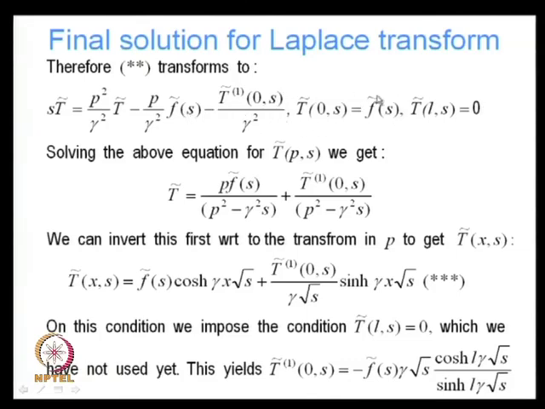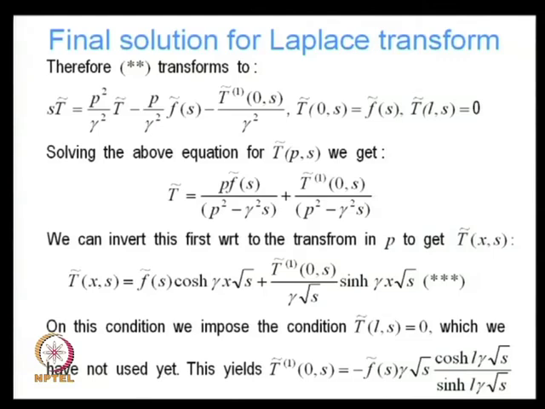This I already know, and T tilde at L s is equal to 0. So, now again this is a totally algebraic equation, right. I have got rid of all my derivatives, with respect to space and with respect to time. So, this is a purely algebraic equation and I solve for T tilde p s in the transform domain, right, in the transform time and spatial domain.